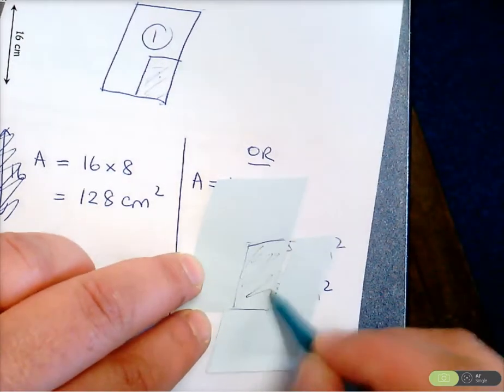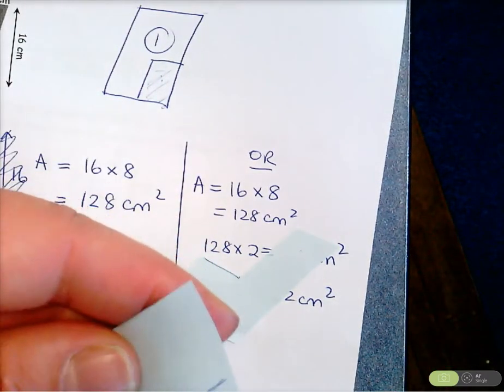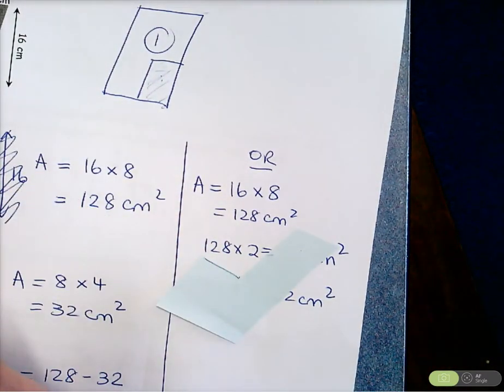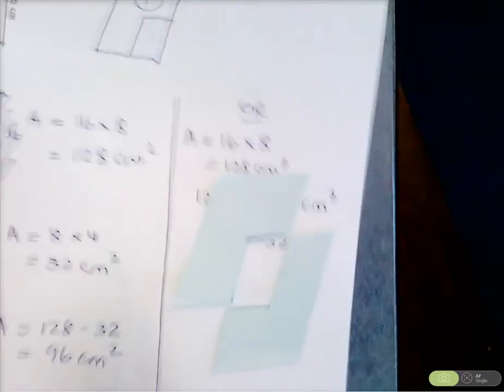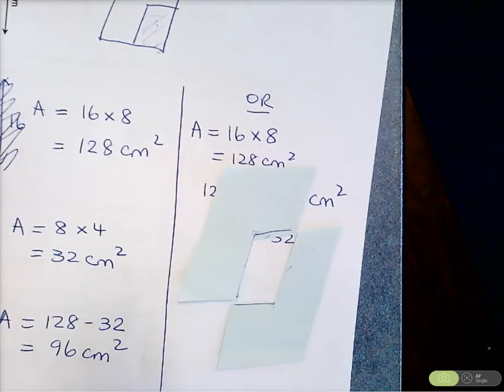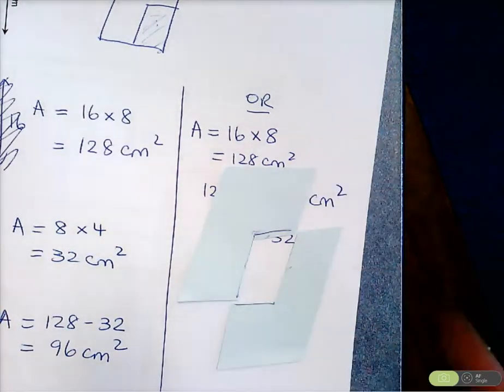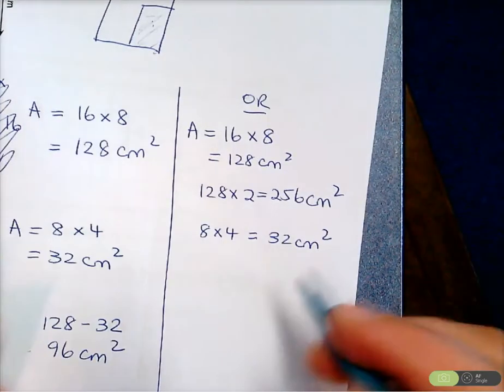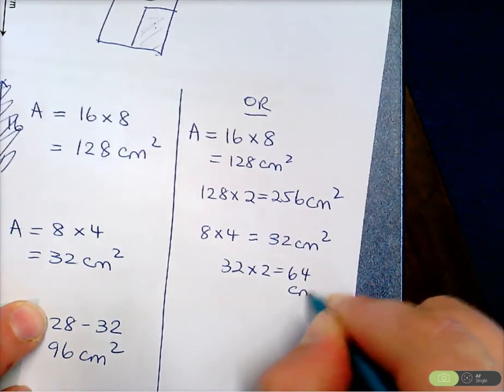I need to take away the other 32. So I had to cut out 2 of these to get that shape, not one of them. So you do 32 times 2, because I've got to take it out twice.